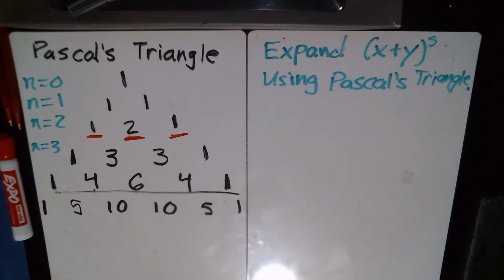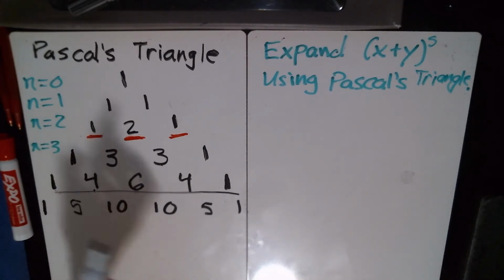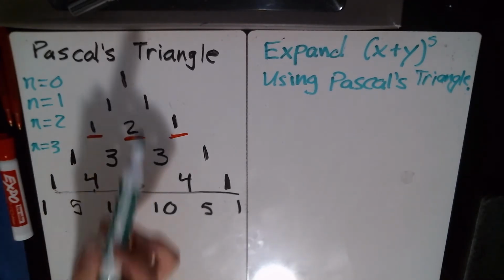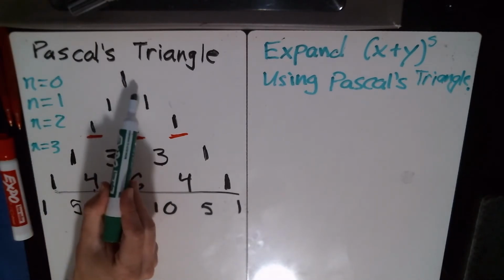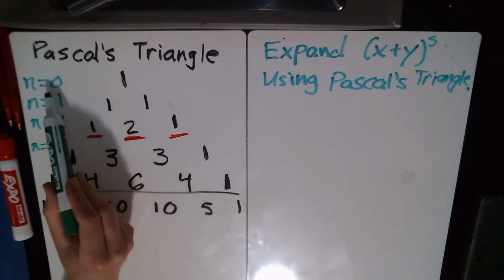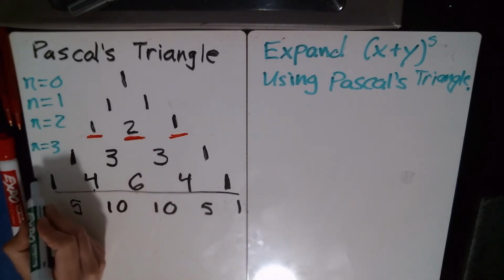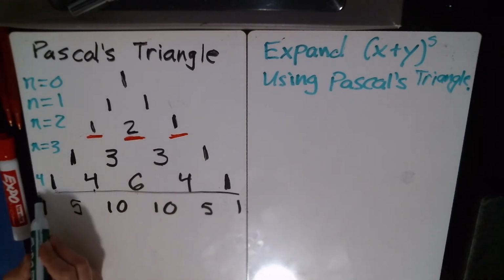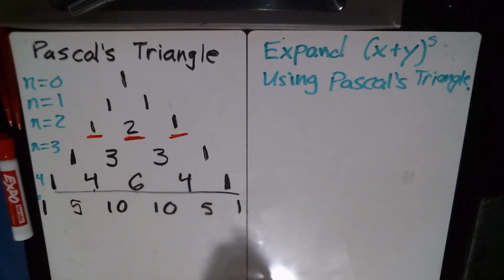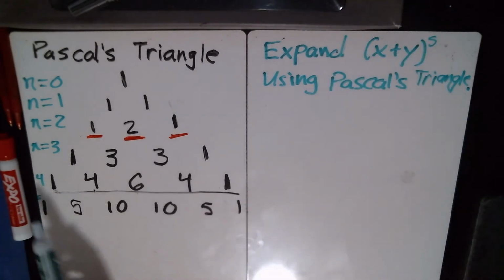Okay, so if I look in Pascal's triangle that we made last time, the very first row starts at 0. Okay, n is 0, then 1, 2, 3. This would be when n equals 4, and then the last row that we had here was when n equals 5. So you take the power and you go to that row on Pascal's triangle, okay?